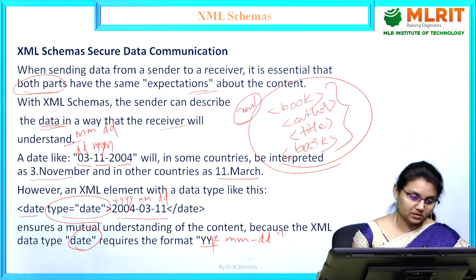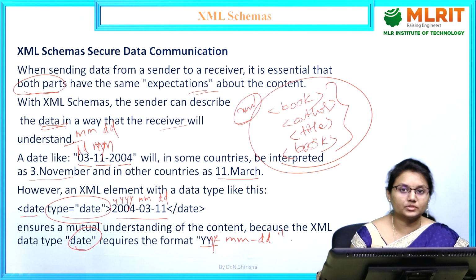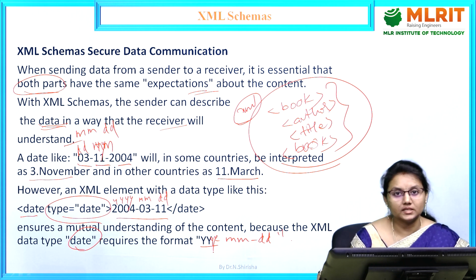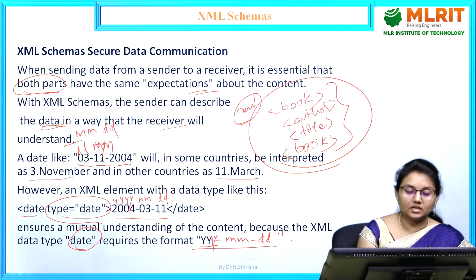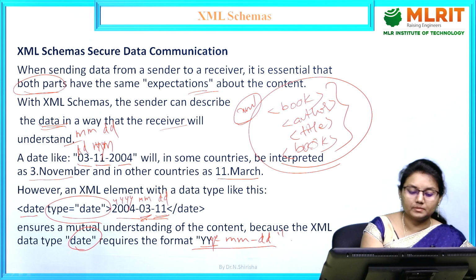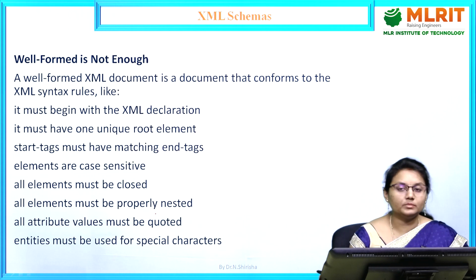So like this, you are defining the particular structure to make it understandable to others. By giving the structure, the other person can easily understand that this is a date and this is a month.